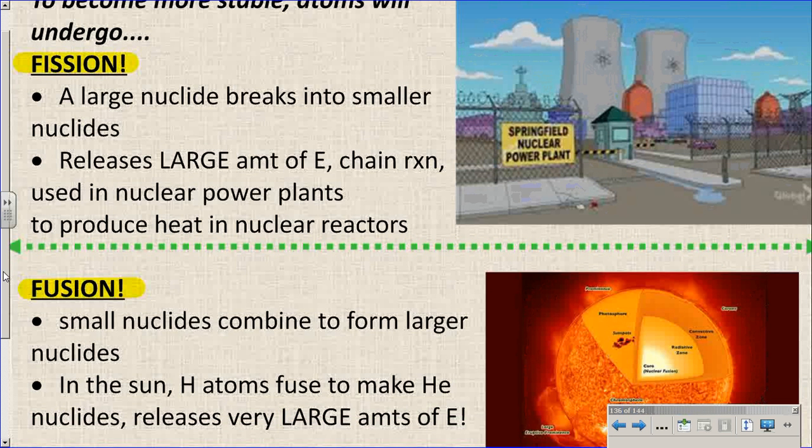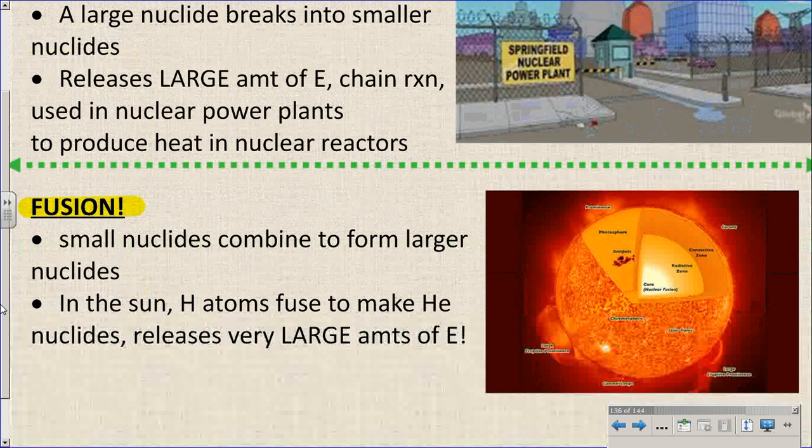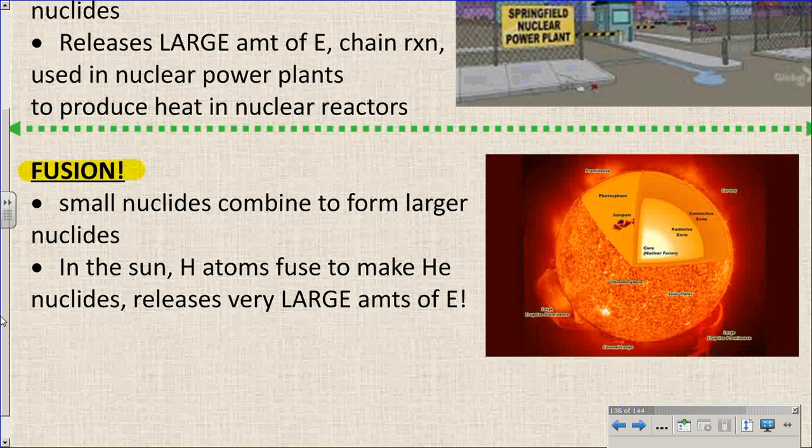Scroll down a little bit, and then we'll talk about these. As you're writing, you're probably seeing they're in direct contrast with each other. They're exact opposites.